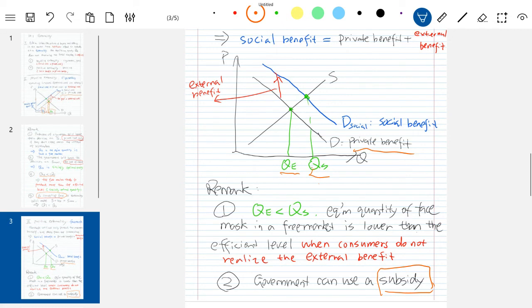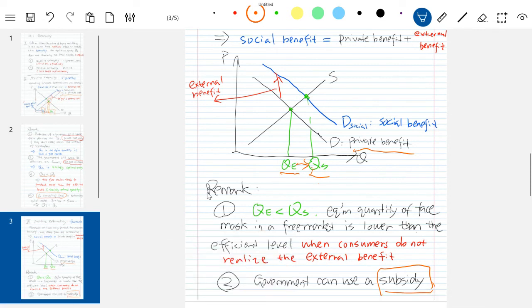And if the size of the subsidy exactly equals the size of the external benefit, then the demand function after having the subsidy would be exactly the same as the social demand function, this blue line right here, so that the new market equilibrium quantity will change from QE to QS. So this is in practice how the government could internalize a positive externality by using a subsidy.